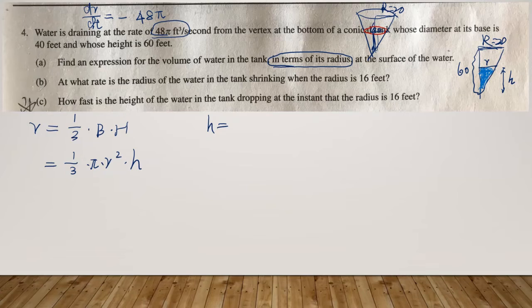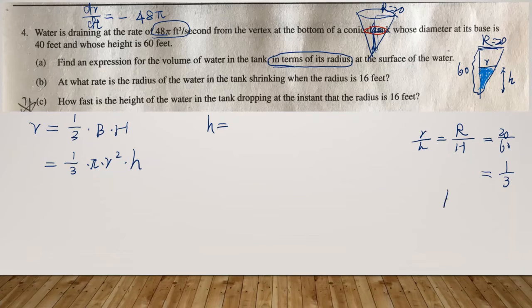So that means small r over small h equals capital R over capital H, which is 20 over 60, which means 1 over 3.